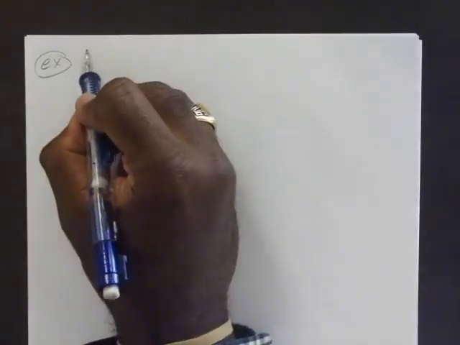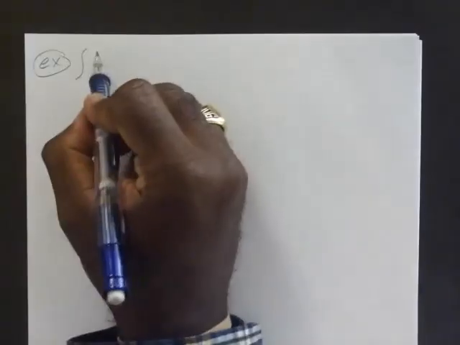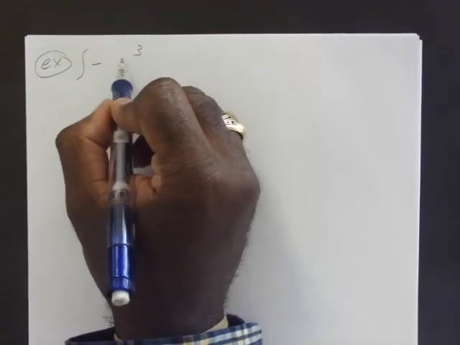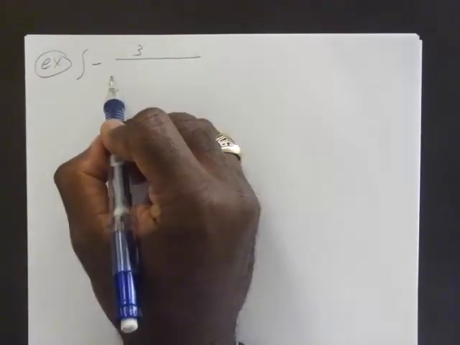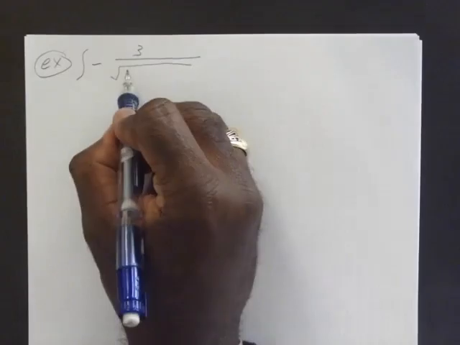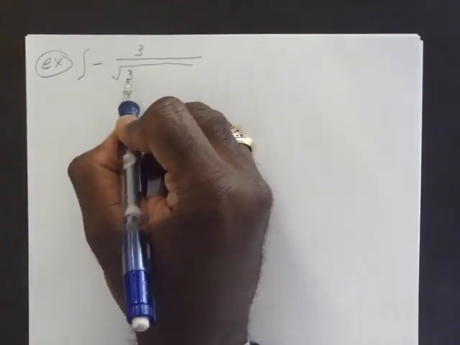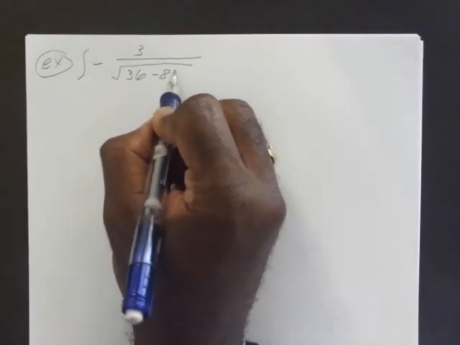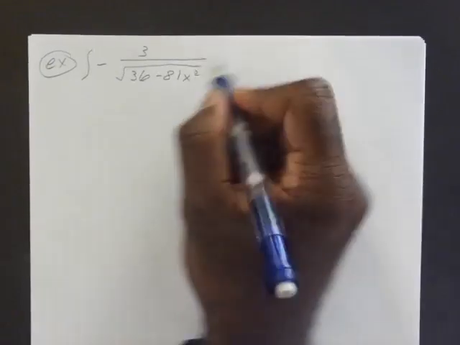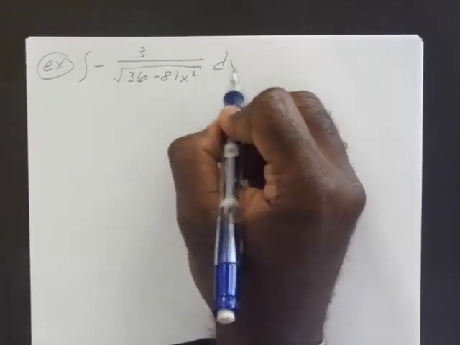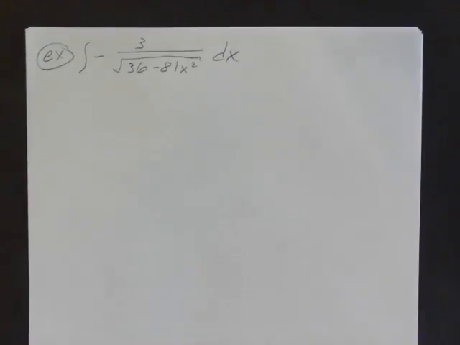Okay, so let's say, for example, we wanted to find the integral of -3 divided by the square root of 36 minus 81 x squared with respect to x.